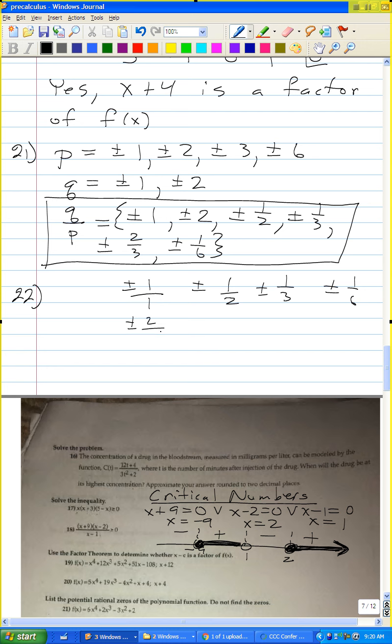I divided the 2 by 1, 2, 3, and 6. So I did include all the ratios. No, not 6, because they're in the denominator, not in the numerators.